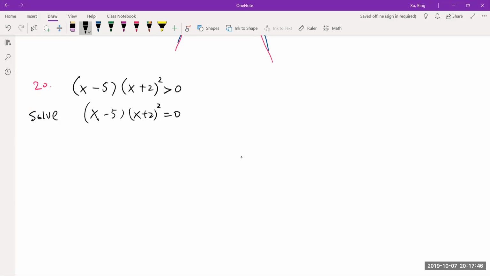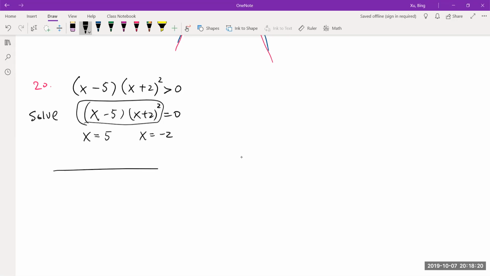So solve x minus 5 times x plus 2 squared equal to 0. So here we have how many solutions? 2. One solution is this 5. The other solution is this negative 2. Do you agree those two numbers will make this expression equal to 0? Of course, that's the solution to it.